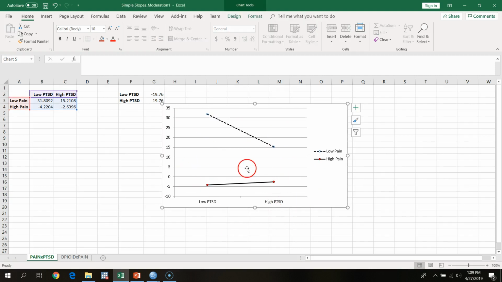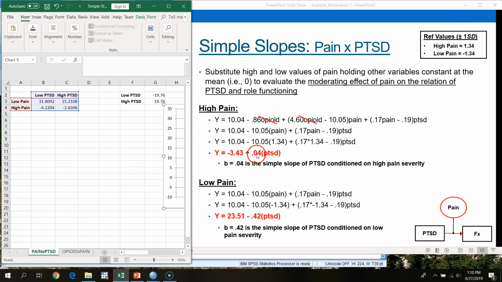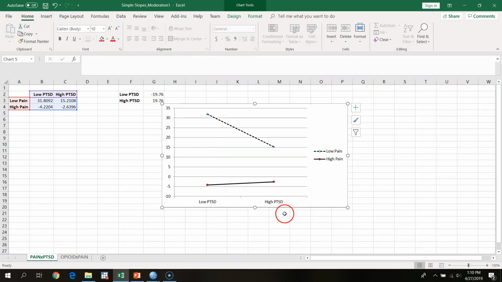So we see at low levels of pain a reasonably strong, clear negative association between PTSD and role functioning, and then something that looks like a positive coefficient here, which we also saw here. This is a positive coefficient for the relation of PTSD and role functioning at high levels of pain.